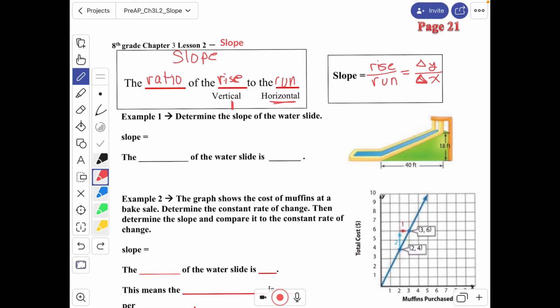For example 1, we're going to determine the slope of the water slide. And slope is rise over run. So the rise of this water slide is 18 feet and the run is 40 feet. So it's 18 over 40. Then we need to simplify that. We could divide by maybe 2.